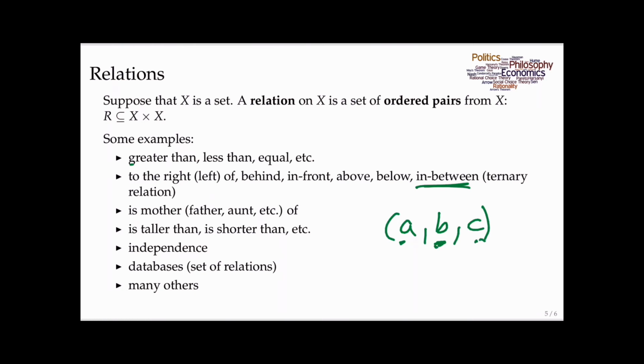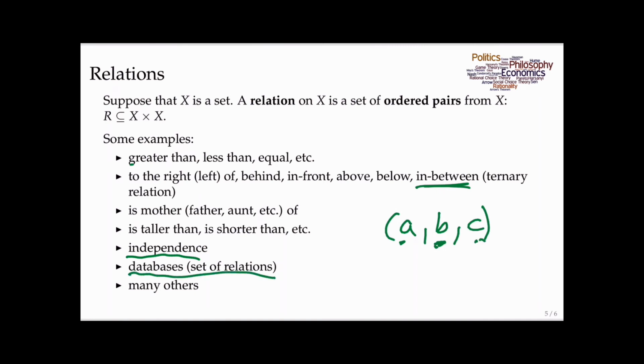Other examples of relations on people are ancestral relations. So is mother of, is father of, is aunt of, is sister to, and so on. Transitive verbs: is taller than, is shorter than, and so on. These are all examples of relations. Independence. This is a relationship between events. So you can say one event is independent of another event, and they are related in a particular way. For the computer scientist, a database is just a set of relations.